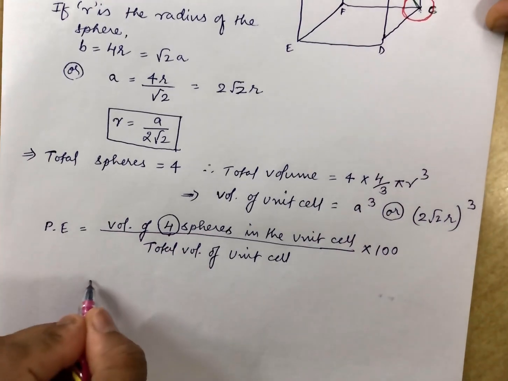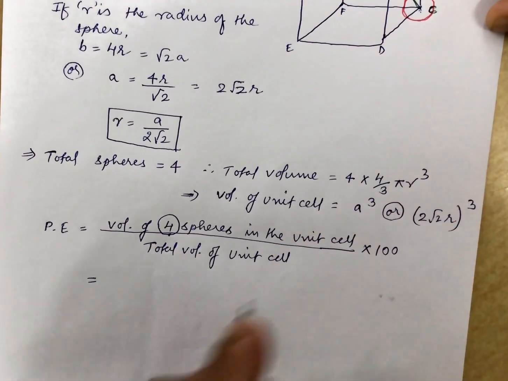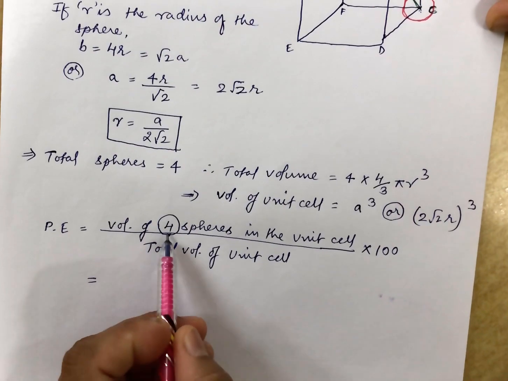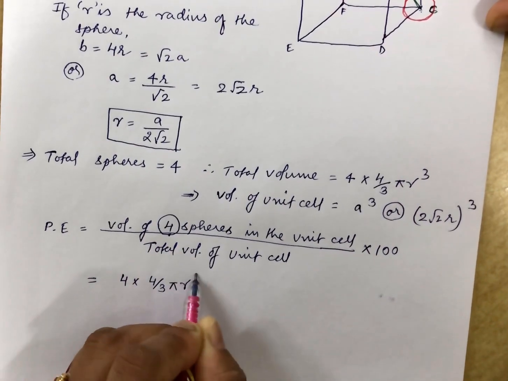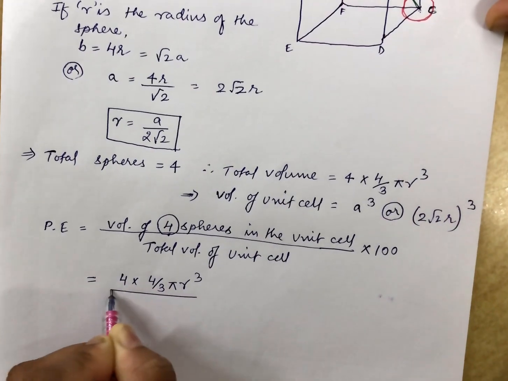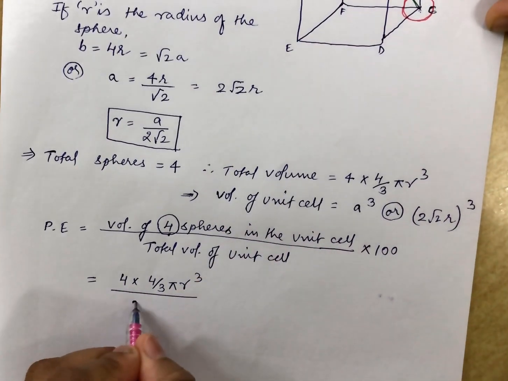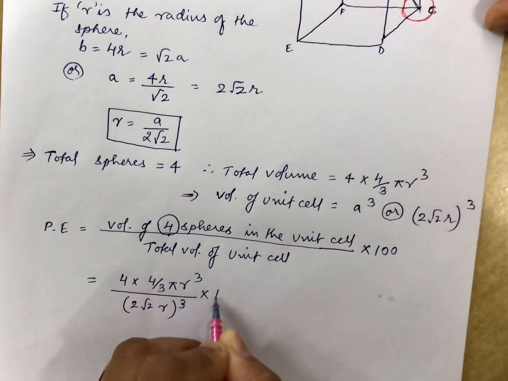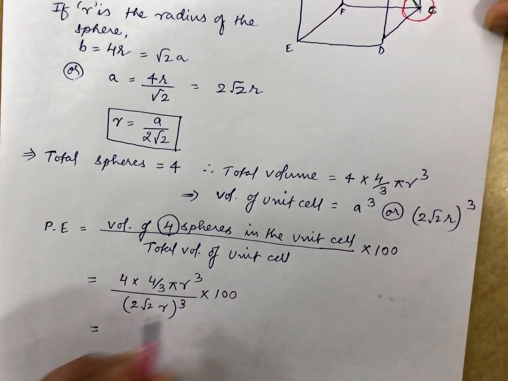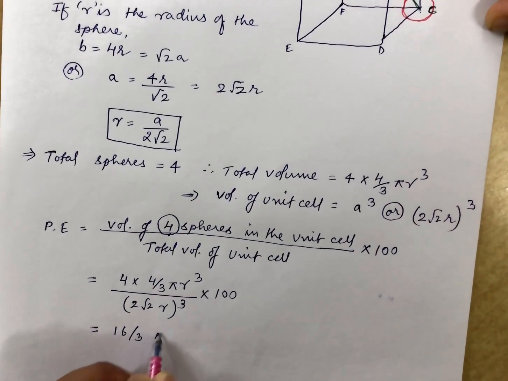So now we just need to put in these particular values. We just found out the value of 4 spheres as 4 into 4 divided by 3 pi r cube, divided by volume of unit cell, that is 2 root 2 r cube, into 100. So you can see it is 4 4s are 16 by 3 pi r cube.